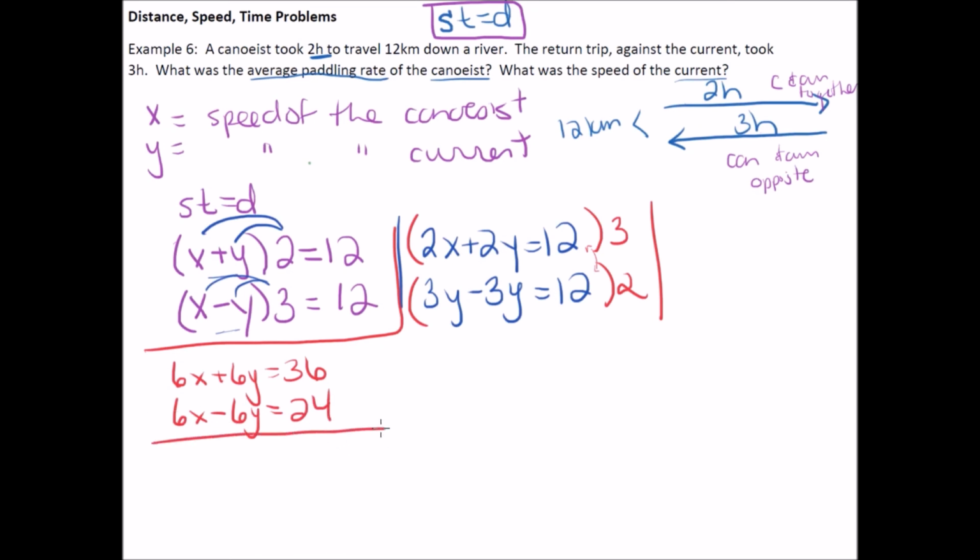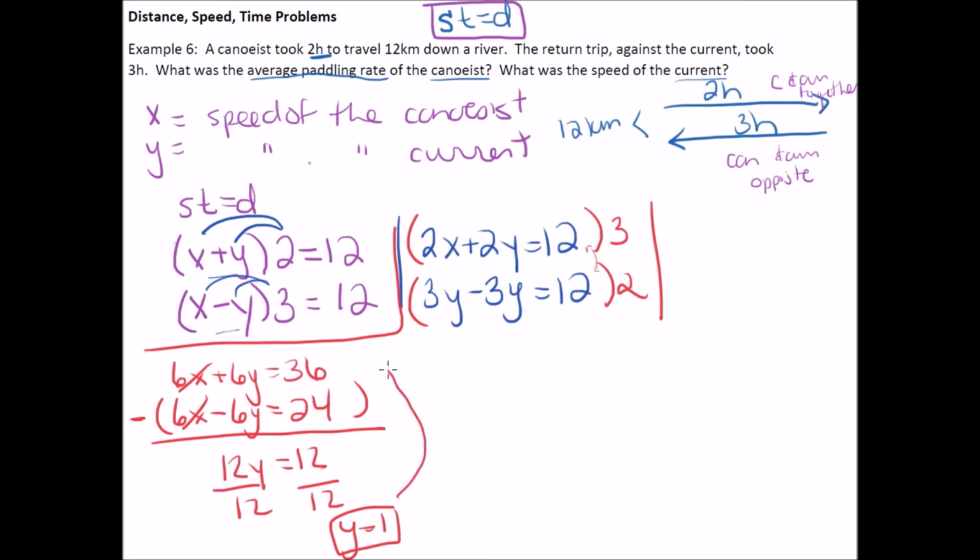Now let's subtract these two. So the x's go away, and we get 12y equals, what's 36 minus 24? 12. I get y equals 1. Take this, sub it back into any of the originals.